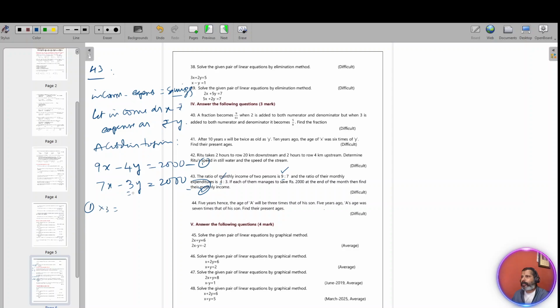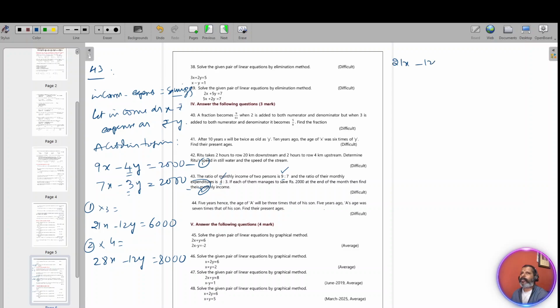So 3 sevens are 21x, 3 fours are 12y, 3 times 2000 is 6000. Next, I'll take equation 2 into 4. What we get is 4 sevens are 28x, 4 threes are 12y, equal to 4 times 2 is 8000.